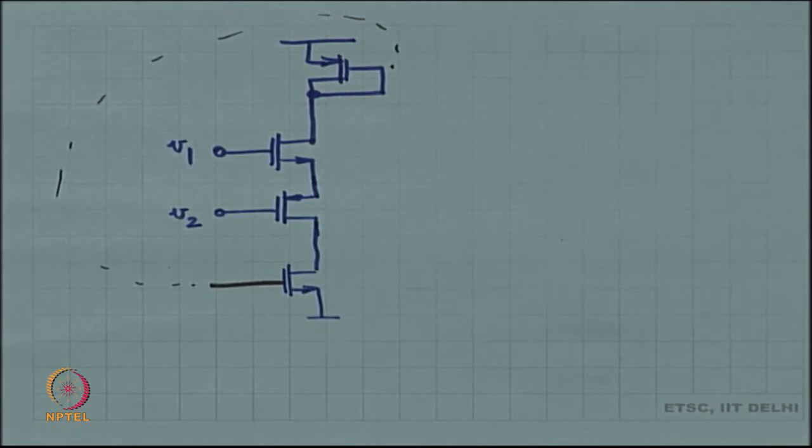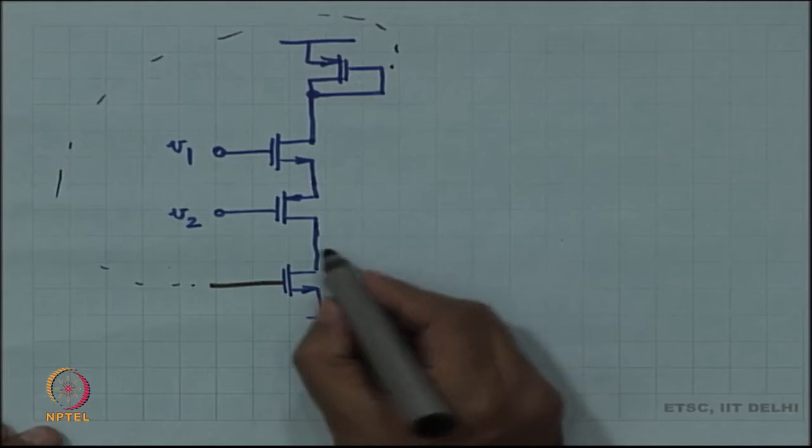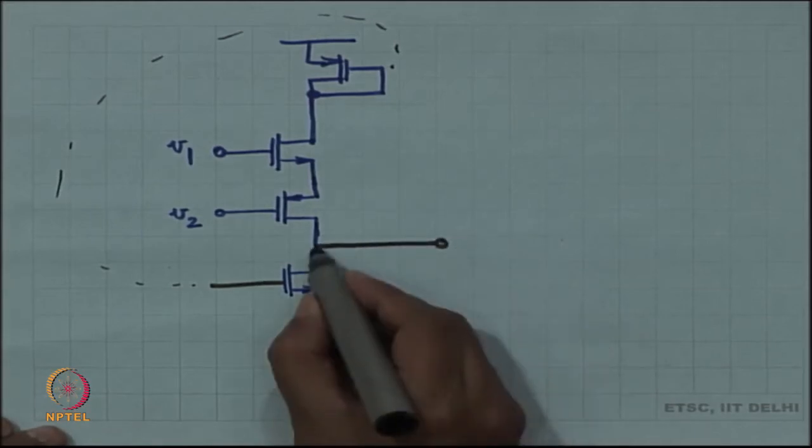And suddenly the drawing looks very bad, right, and when these drawings look very bad, invariably the analysis is also going to be very bad. It is not going to be so straightforward anymore.